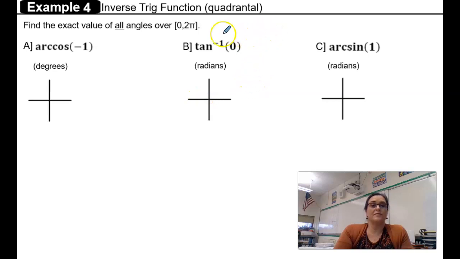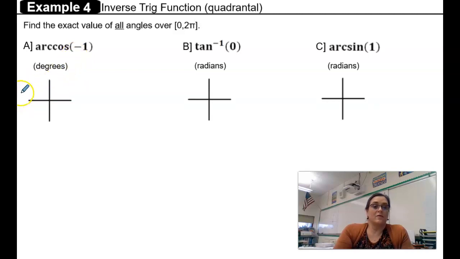So welcome back to example 4, where we're looking for the inverse trig functions of quadrantal angles. The arc cosine of -1 is asking for the angle within one revolution around the circle that has an x-coordinate of -1.